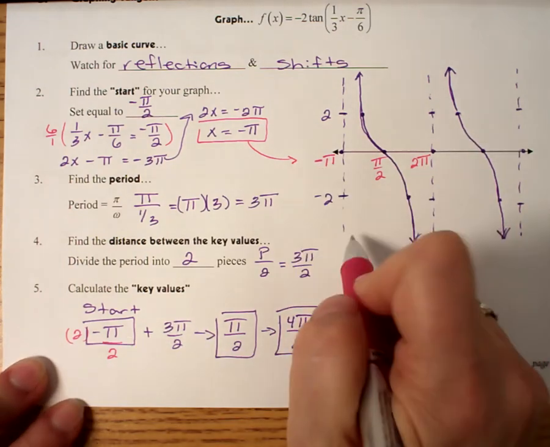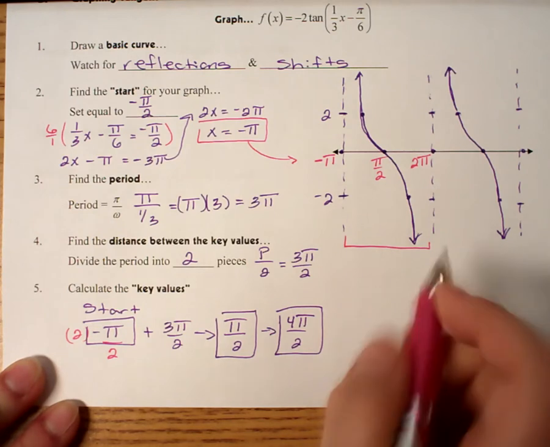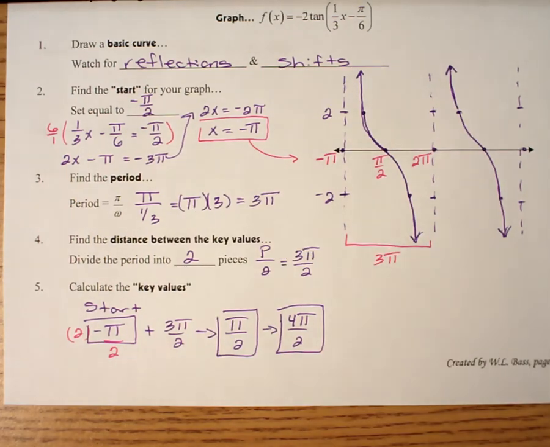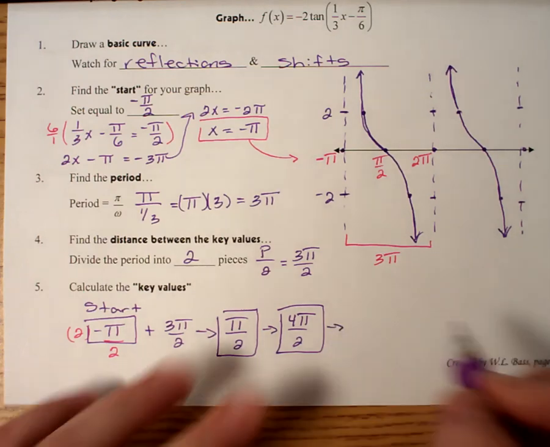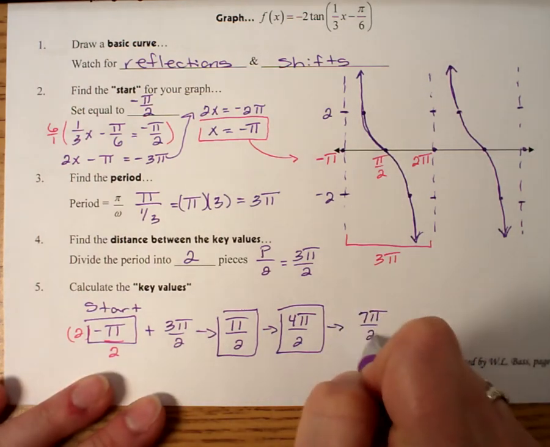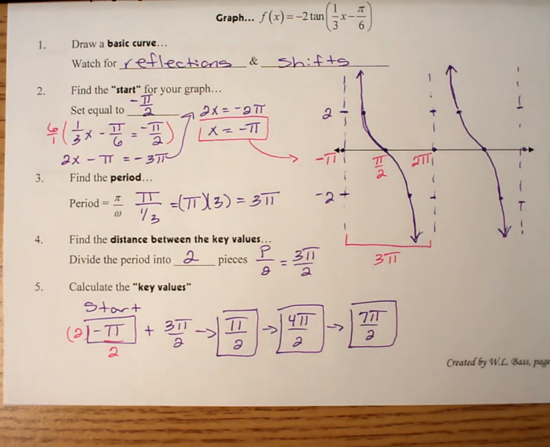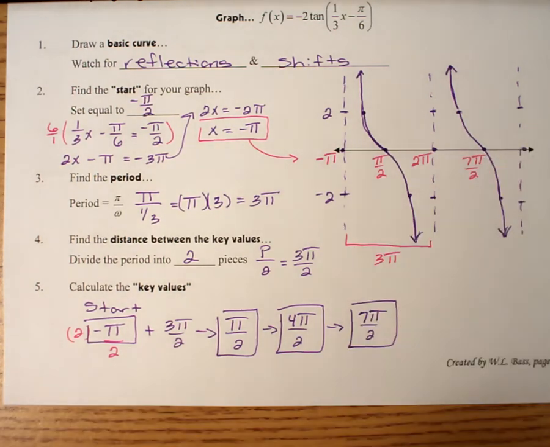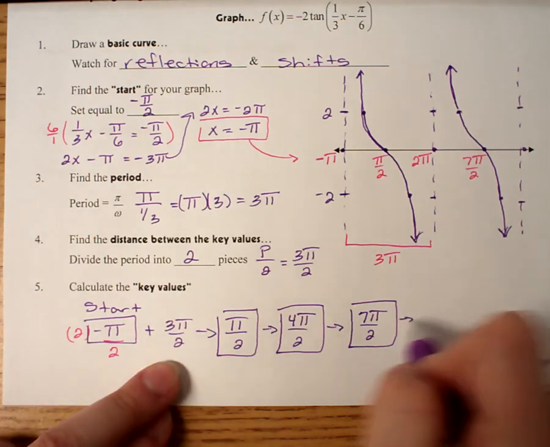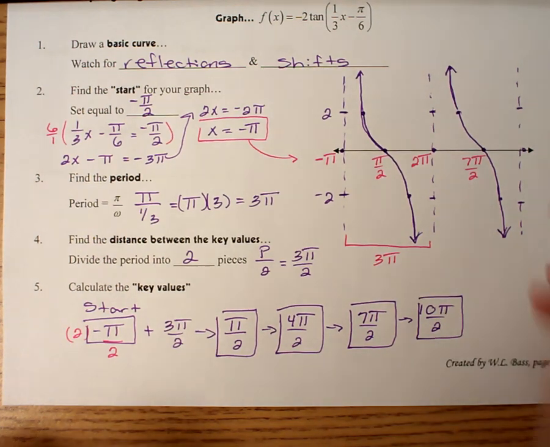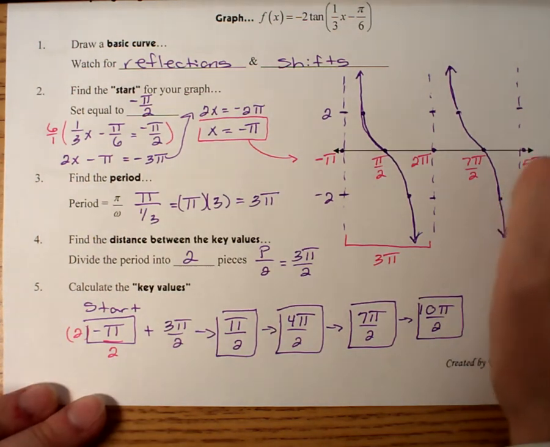That now makes sense because it took 3π to complete that one cycle. Keep going. My next point is going to be 7π over 2. I can put that on my graph. And one more time, I get 10π over 2, which of course on my graph I will reduce to 5π.